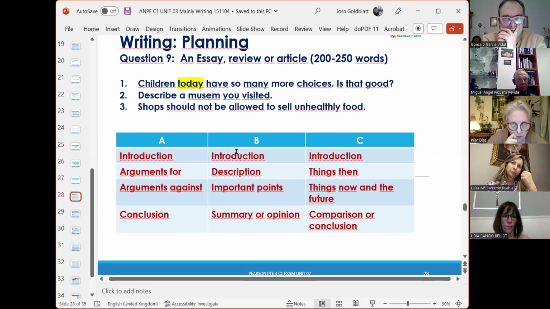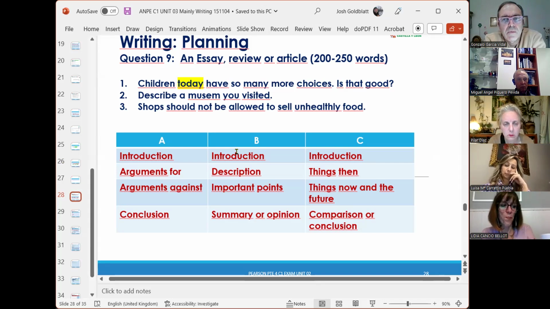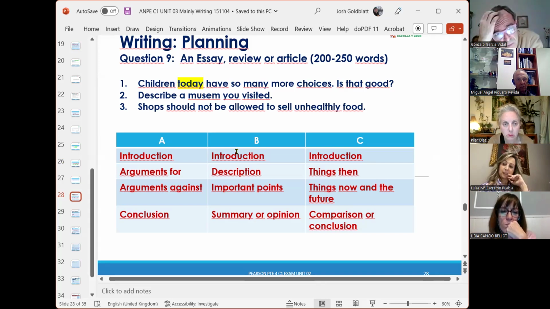And model C is when we're talking about a chronological description. So introduction, things then, things now and in the future, and our comparison or conclusion. So when I said to you, please write about education or how education has changed over the last 50 years in school, in your country, this would be model C. So basically, these are the 3 models which you need to understand, okay, when you're planning your writing.